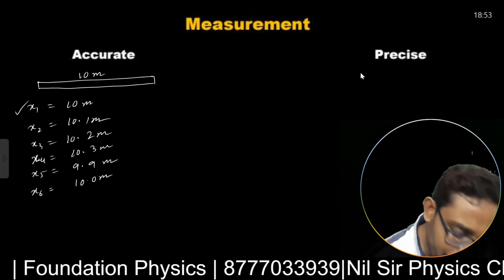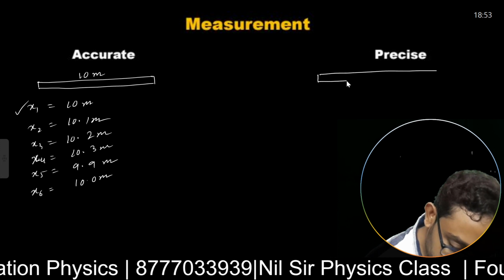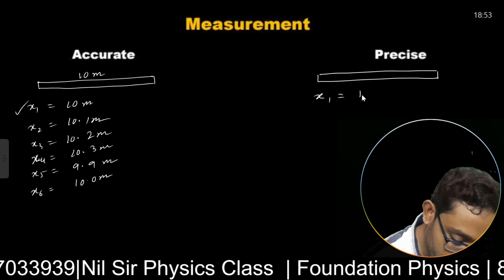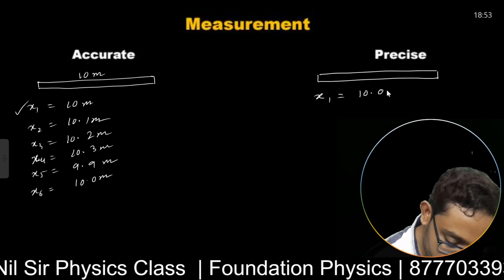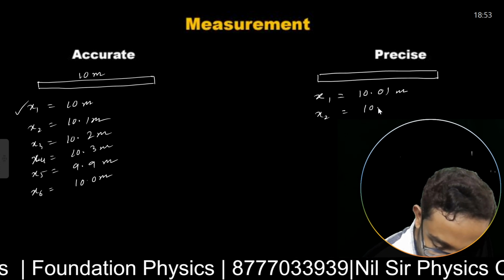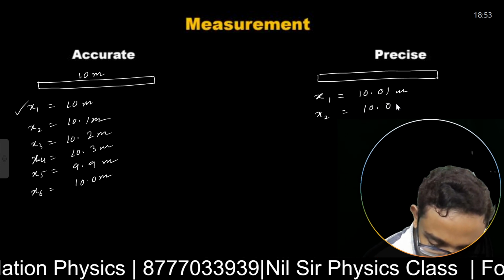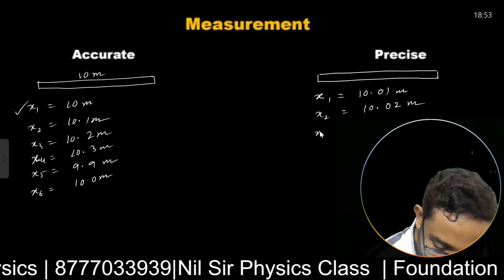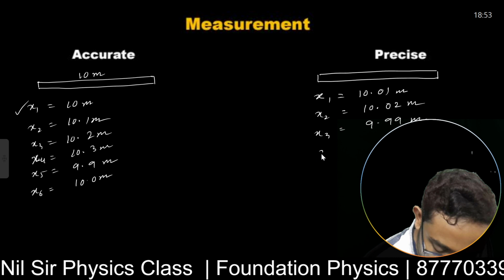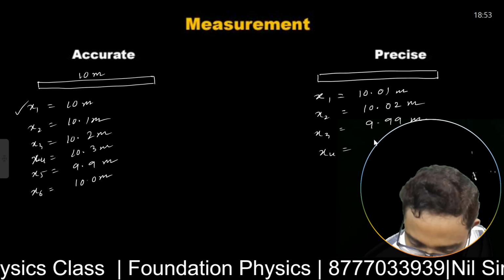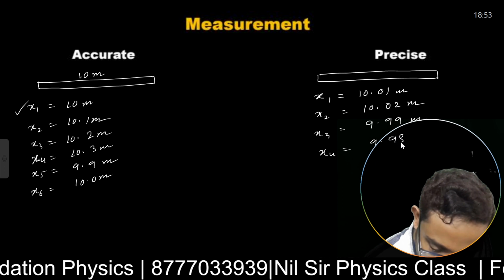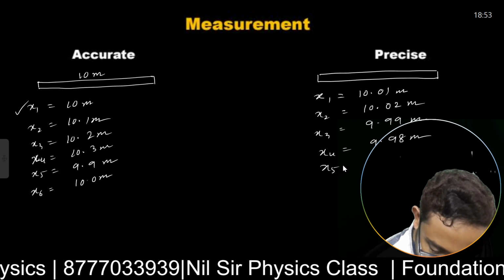Now the same piece is measured again, and you get values here: 10.01, x2 equals, x4 is 9.98, and x5.